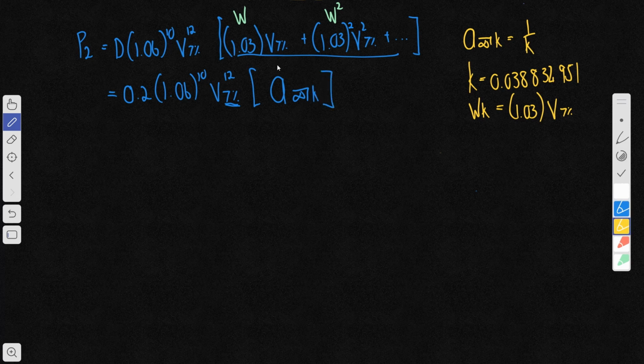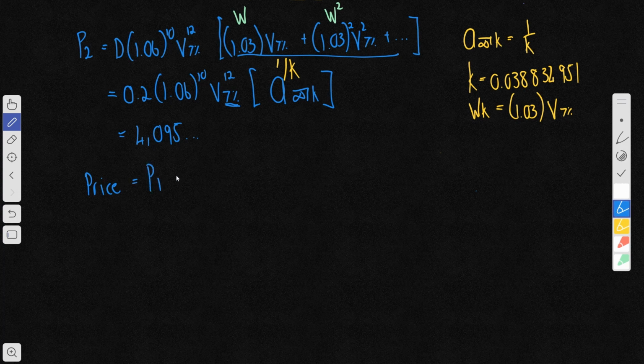And we also know that this is just 1 divided by k. And we already know what the value of k is. If you work this out on your calculator, you obtain a value of 4.095 with some decimals.